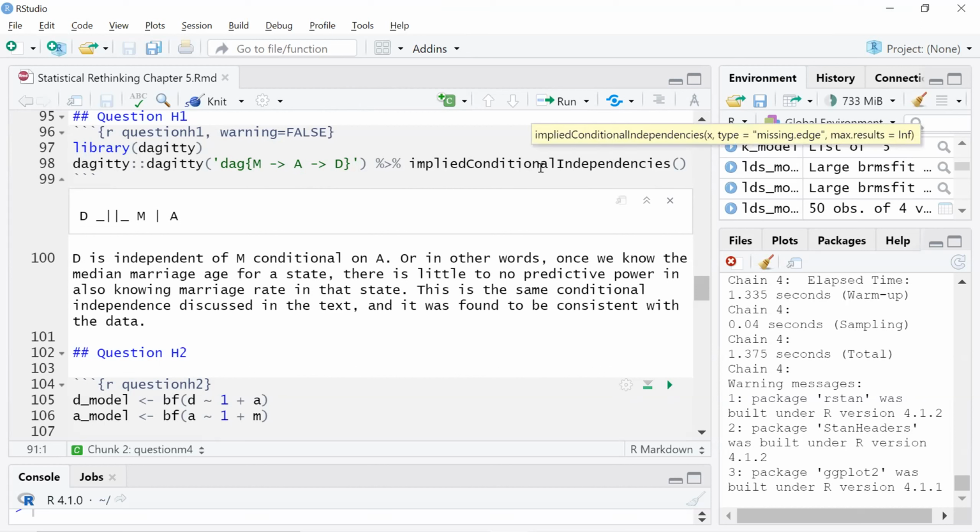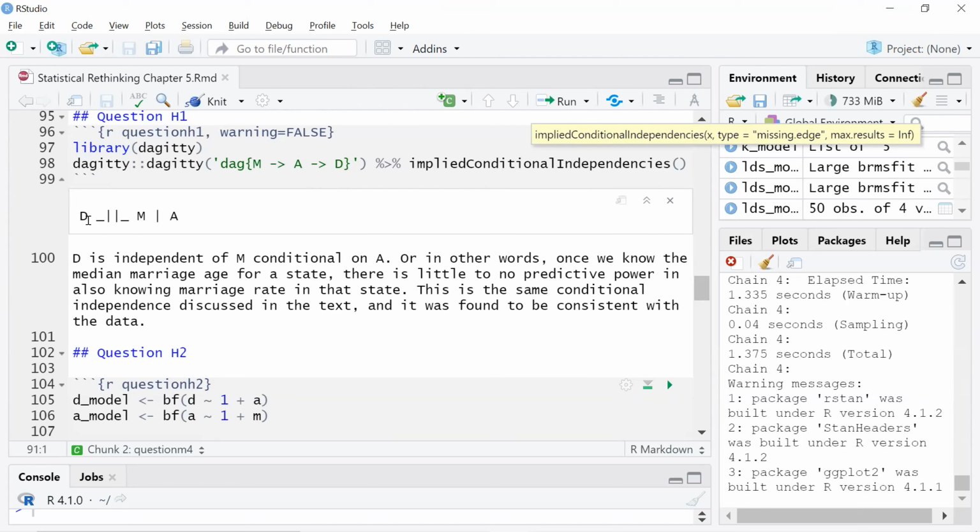So question 5, H1 reads: in the divorce example, suppose the DAG is marriage rate affects age at marriage, which affects divorce rate. What are the implied conditional independencies of the graph? Are the data consistent with it? This is where I got a little tripped up.